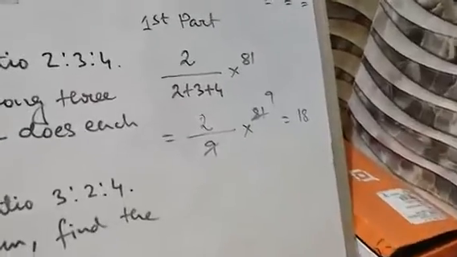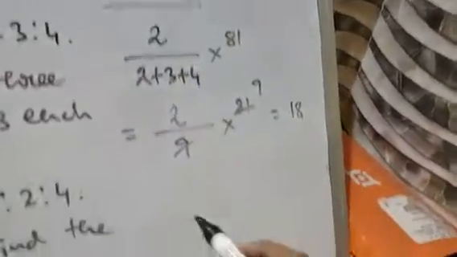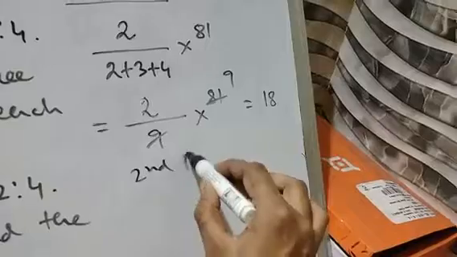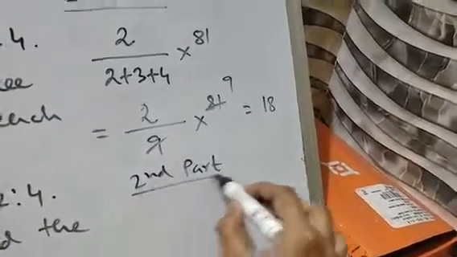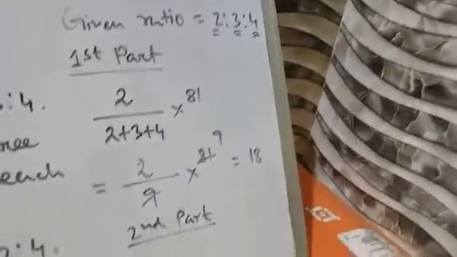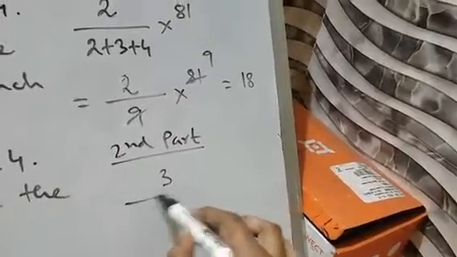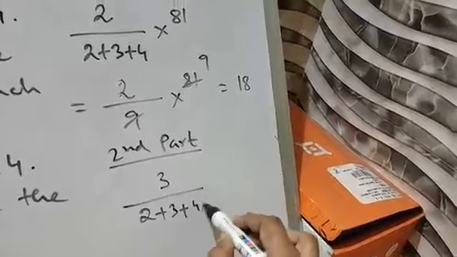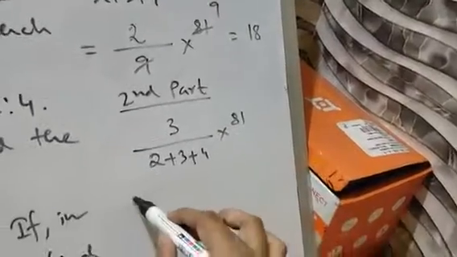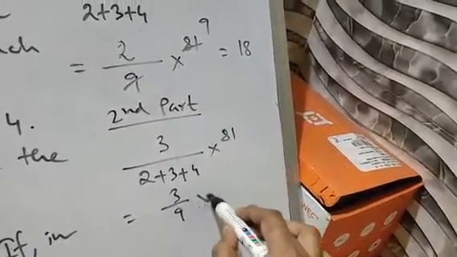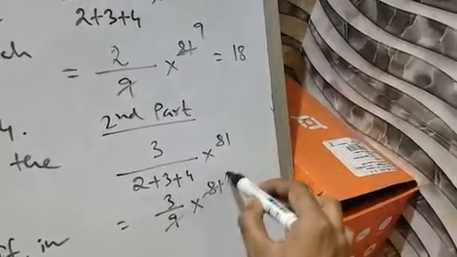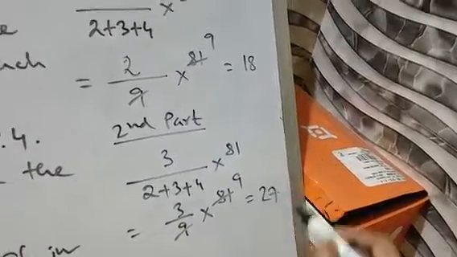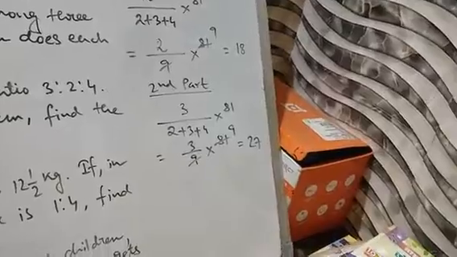Second part, it is 3, therefore 3 will be your numerator, and in the denominator the same, just add the 3 numbers, into 81, therefore 3 by 9 into 81, 27. Clear?